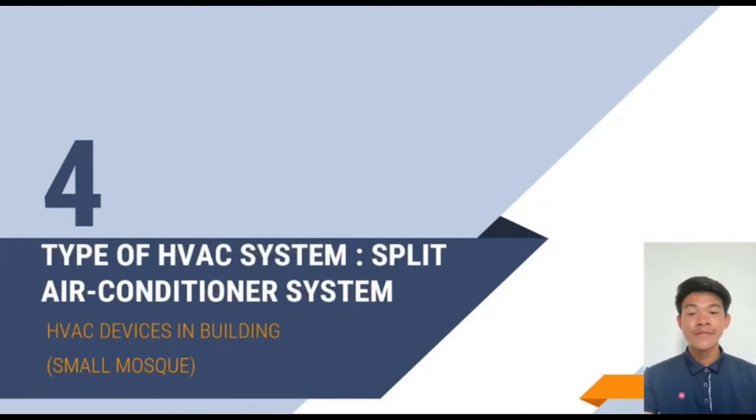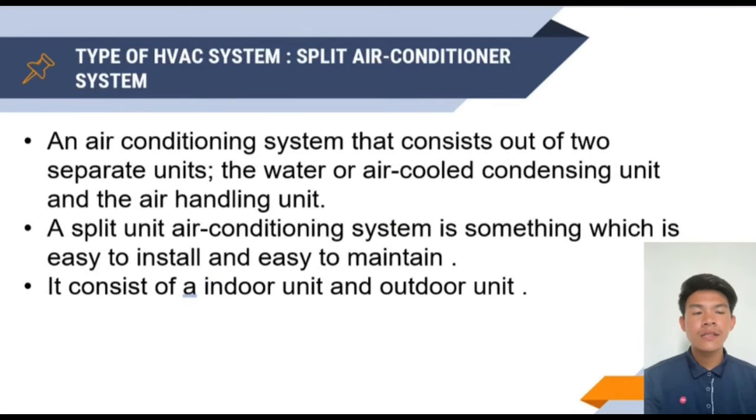For the fourth part, which is the split air conditioning system, it is an air conditioning system that consists of 2 separate units, the water or air cooled condenser unit and the air handling unit. A split unit is easy to install and easy to maintain. It consists of an indoor unit and an outdoor unit.